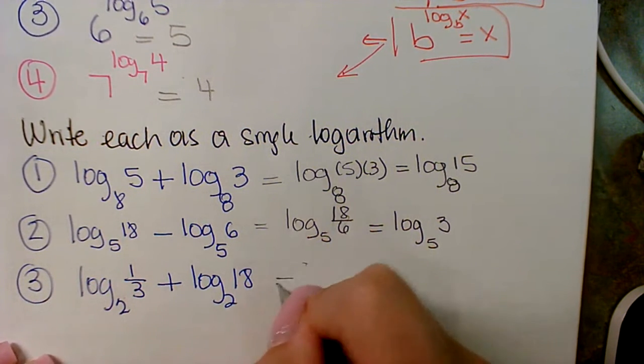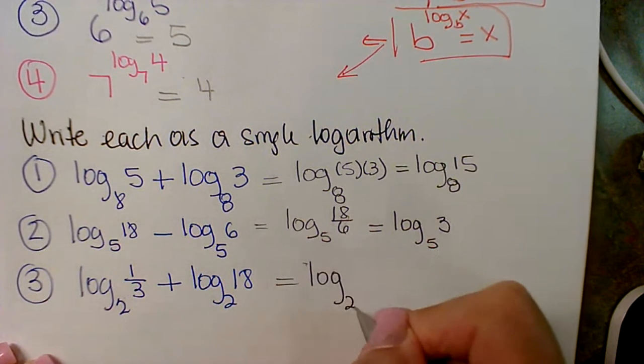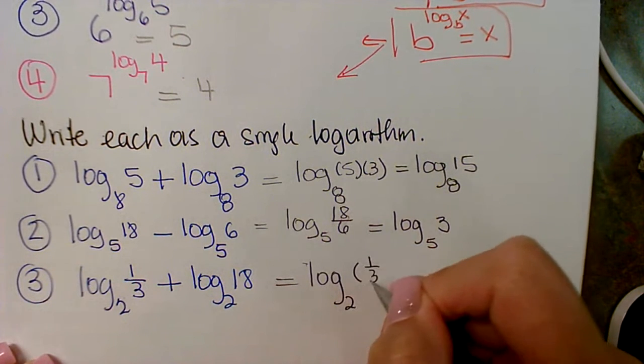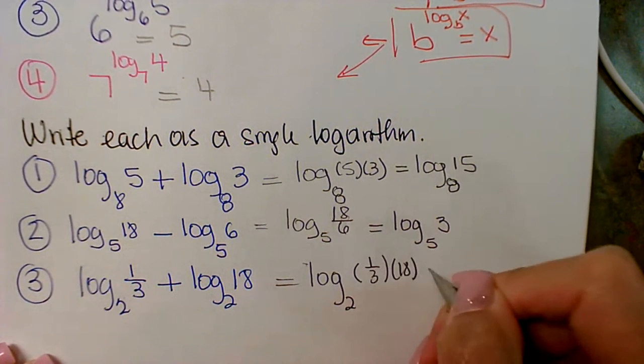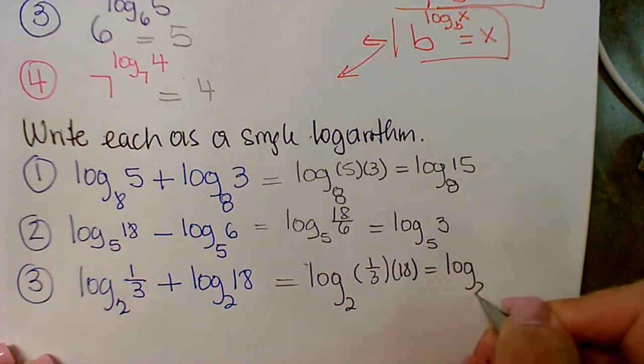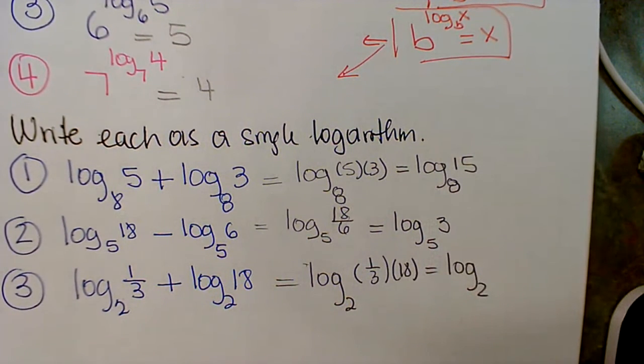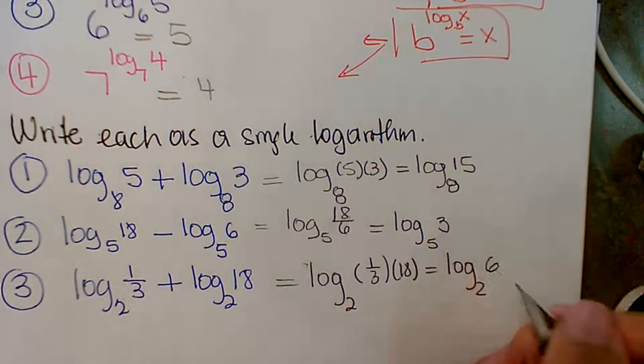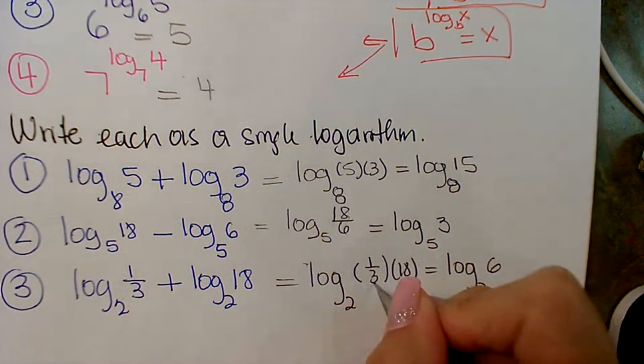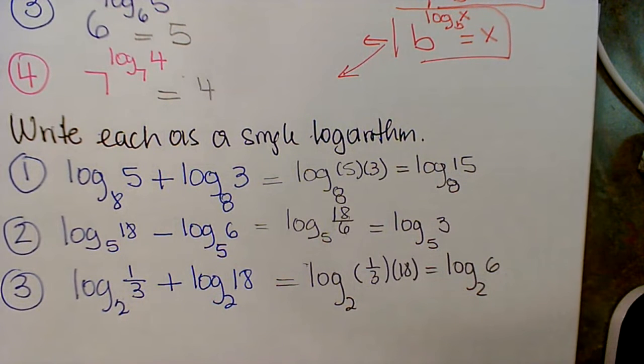So it's addition. So we're going to do log base 2, and I'm just going to multiply. 18 times 1/3, that would be 6, right? 18 divided by 3 is 6.